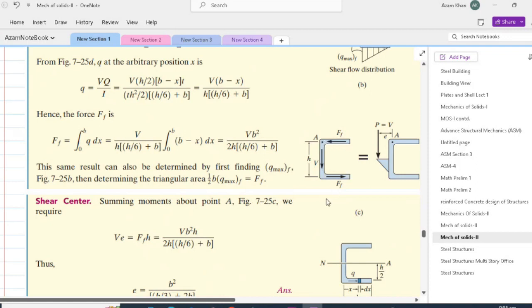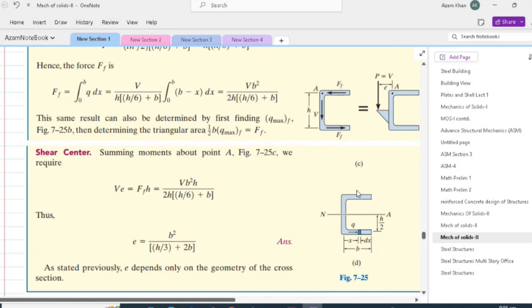Since the channel section is not symmetrical about the vertical axis, therefore it has got a tendency to rotate. Hence, to stop that rotation, we apply a force P at a distance e from the center of the web.